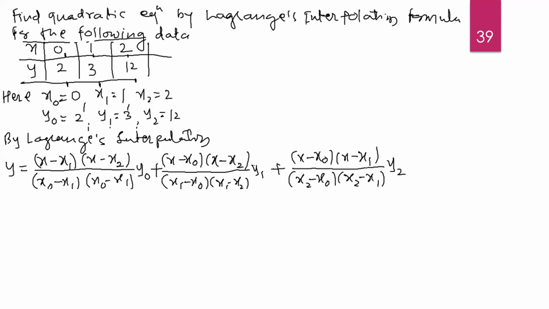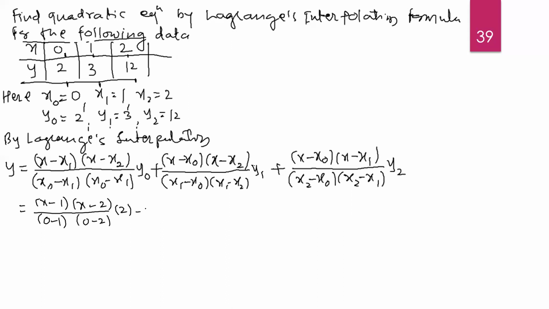Now here we put in the values: the value of x0 is 0, the value of x1 is 1, the value of x2 is 2. So y is equal to x minus 1, x minus 2 in the numerator; in the denominator, as it is, instead of x we write x0, which is 0: 0 minus 1, 0 minus 2, into y0.